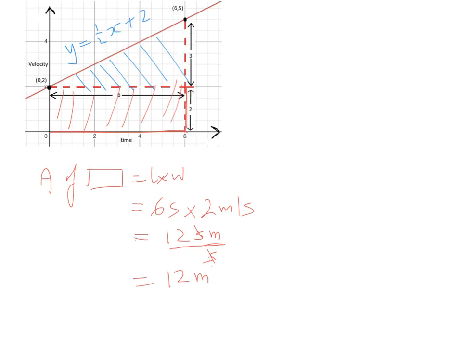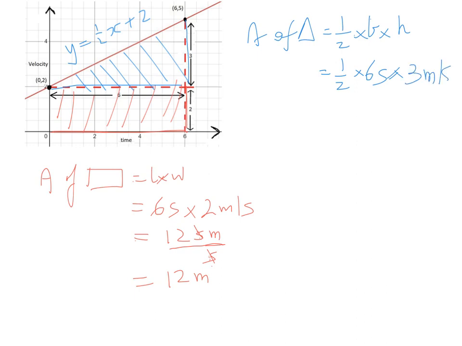We're going to do the same thing here with the triangle. So we'll say area of a triangle equals a half times base times height. So a half times the base, which is once again 6 seconds, times a height of 3 meters per second.